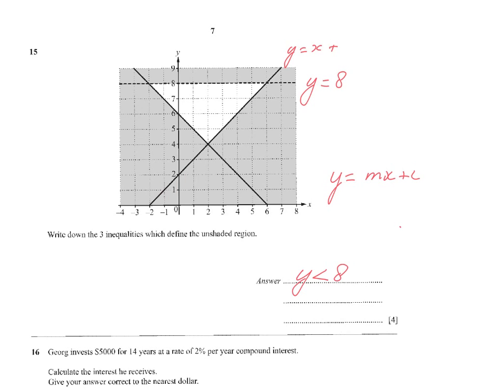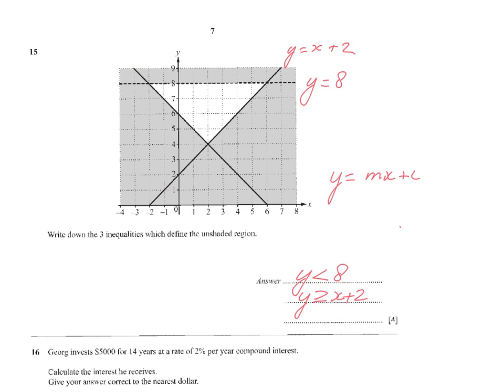Where does it cut the y-axis? At 2. There we go. So x plus 2. Now we're going to turn that into an inequality. And we are interested in a part, the unshaded part is above my line here. So what is the inequality? Y has to be bigger or equal to x plus 2. Don't forget the or equal, because it's a normal continuous line.